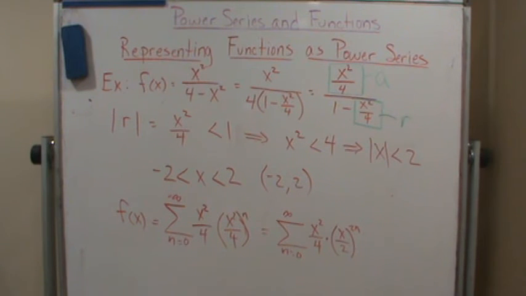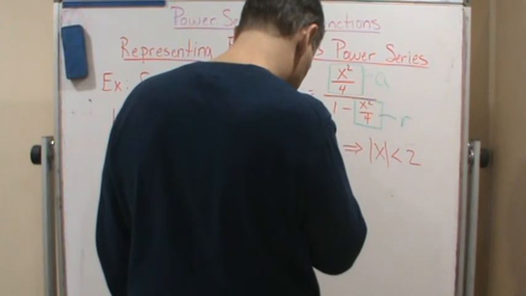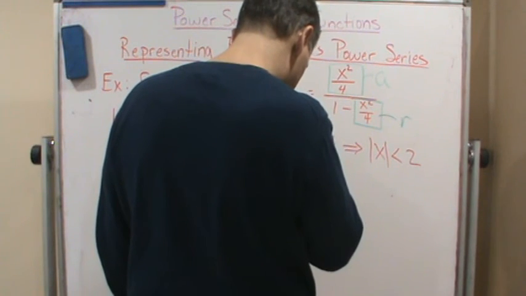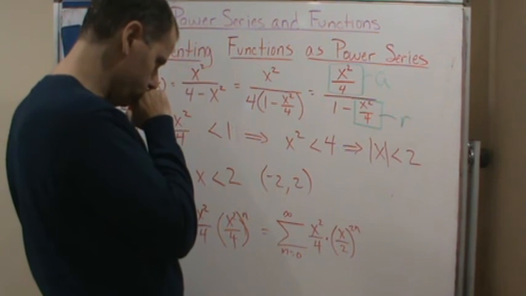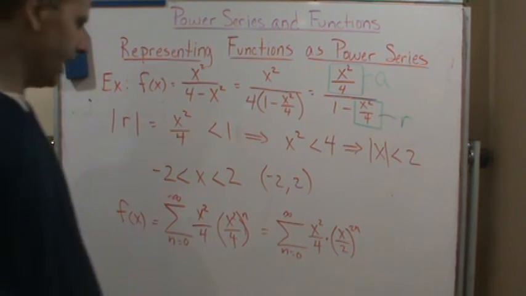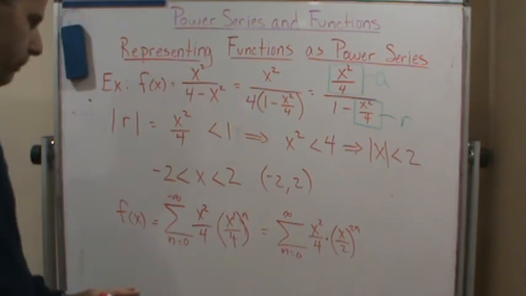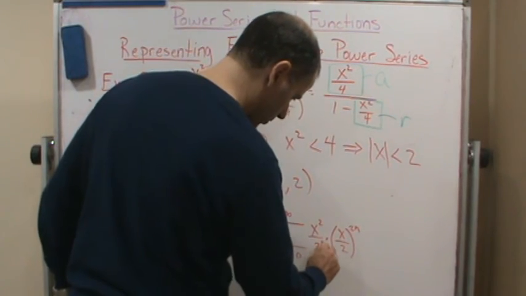And so we can write this as what? Well, we can go one more step if we combine these. Here's the A, but we can still combine these because this is 2 squared.